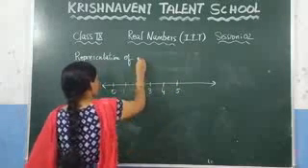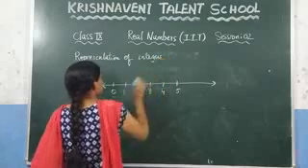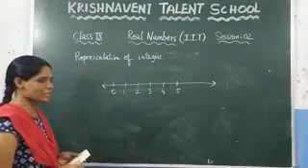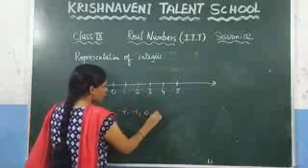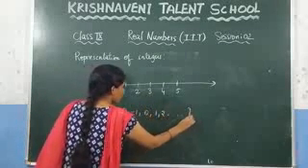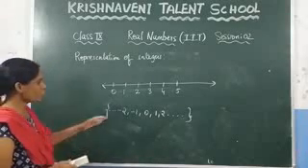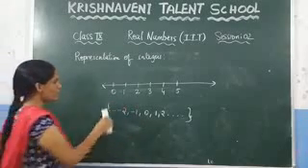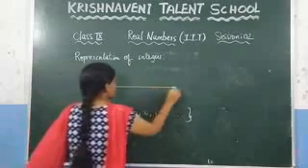Suppose you want to represent the integers on a number line. You know what integers are? The negative numbers, 0 and the positive numbers, all these together we call integers. So if you want to represent these integers on a number line, what is the first step? You need to draw the number line first.